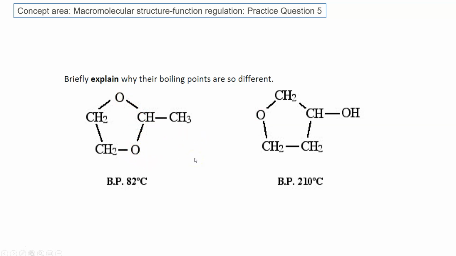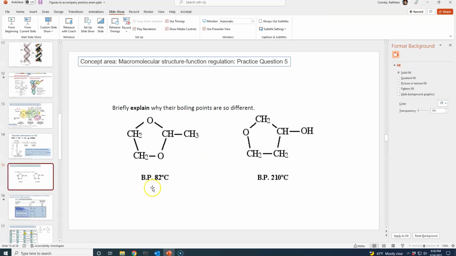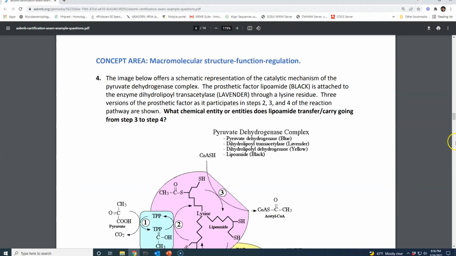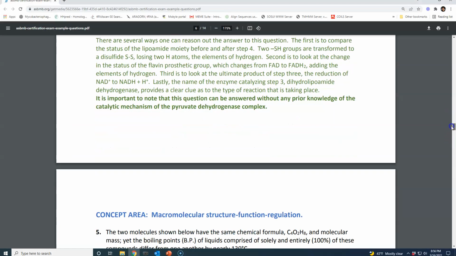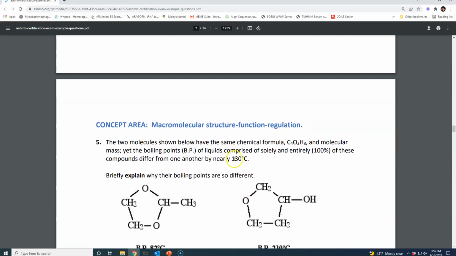And also, in terms of reading the question very, very carefully, we should note that we are given the information that we have the same chemical formula, same molar mass, boiling points are different, and it says solely and entirely 100%. So they're giving us a lot of clues that you just have these liquids and nothing else. These are not dissolved in water.